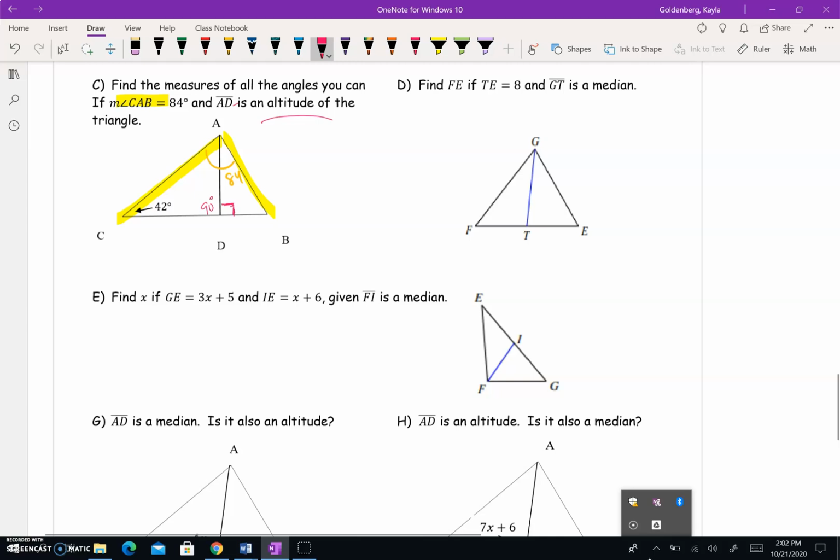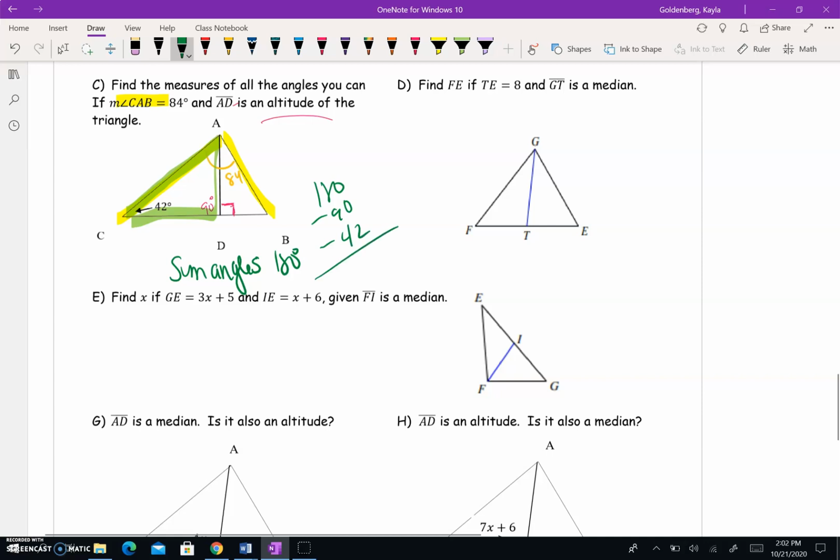So that means that this is 90 degrees. I've got 42. If I focus just on this green triangle here, using my sum of angles of a triangle is 180, right? I can do 180 minus 90 minus 42. Let's see, that's going to give us 48, it looks like. So it looks like that top angle is 48 degrees.